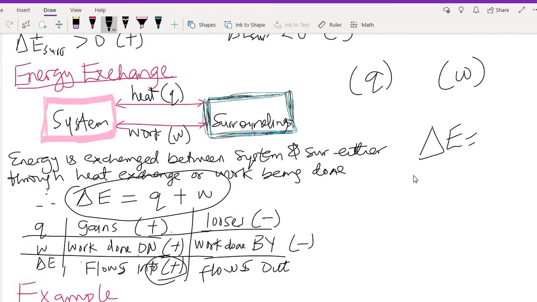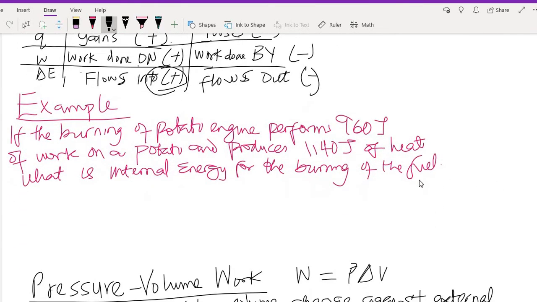When energy flows out of the system, our delta E becomes negative. Example: if the burning of potato engine performs 960 joules of work on a potato and produces 1140 joules of heat, what is the internal energy for the burning fuel?